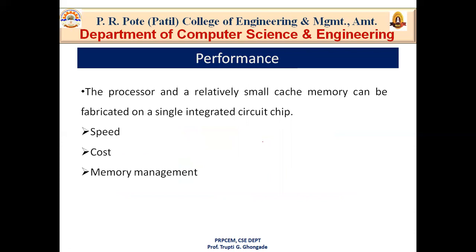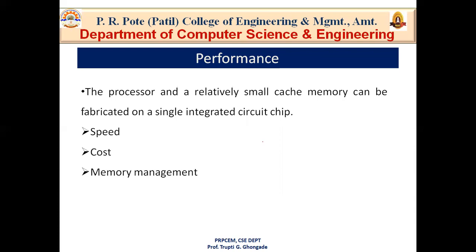So the processor and a relatively small cache memory can be fabricated on a single integrated circuit chip, or in the simplest way, we can say that cache memory is always integrated onto the processor chip. And the cache memory is responsible for increasing the speed of your system. Cache memory is cost effective also, and it is responsible for memory management.